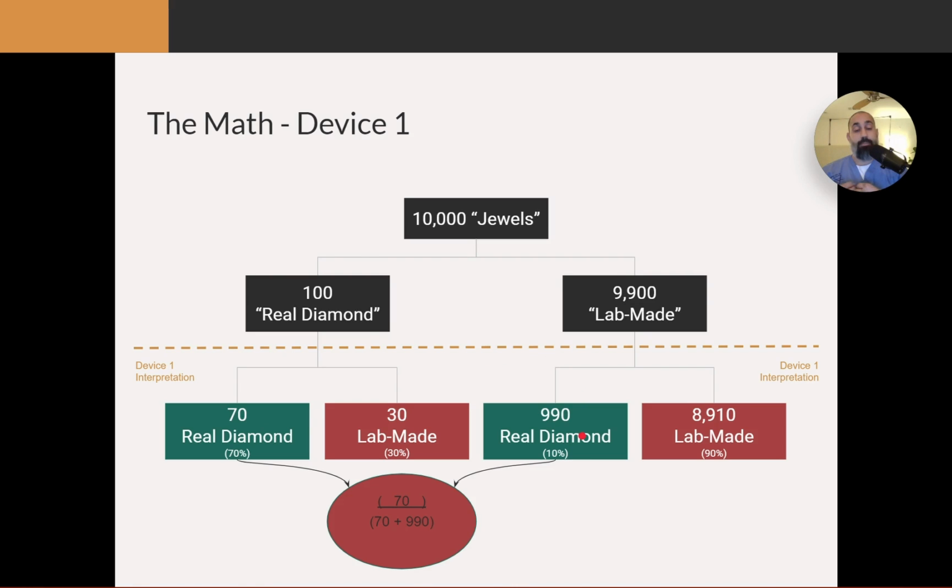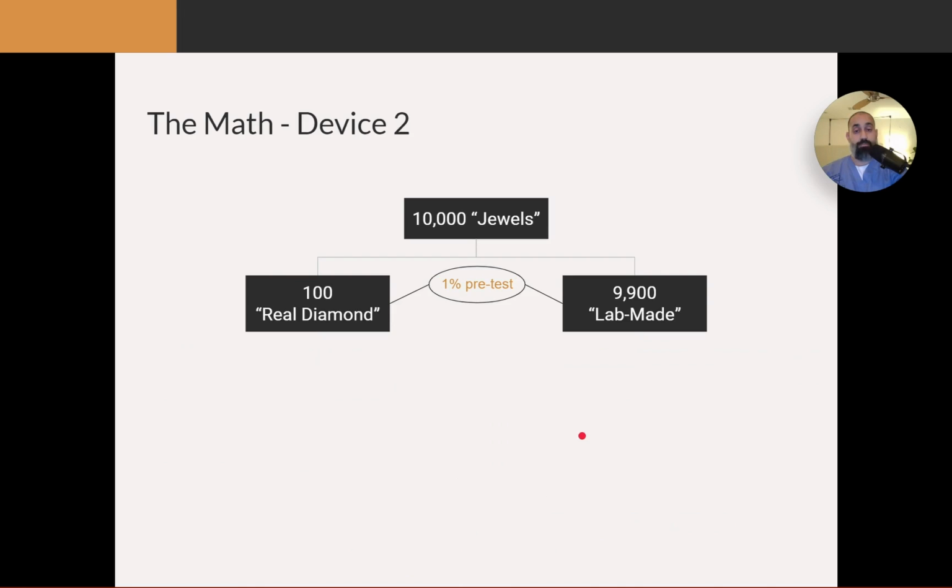And that gives us a percentage of how often the device is correct of all the times where it says it's real. And the answer there is 6.6%. So, from a 1% probability, now that the device has said that it thinks it's real, now we can upgrade our certainty or our probability estimate from 1% up to 6.6%.